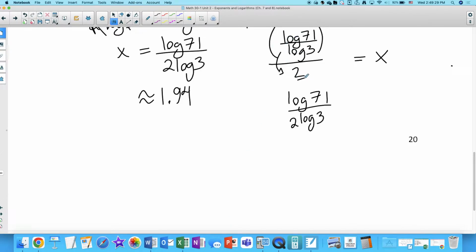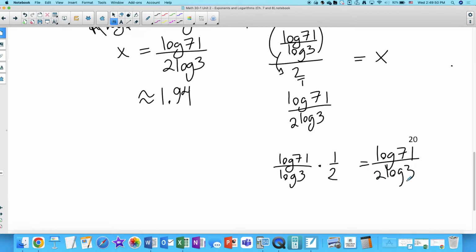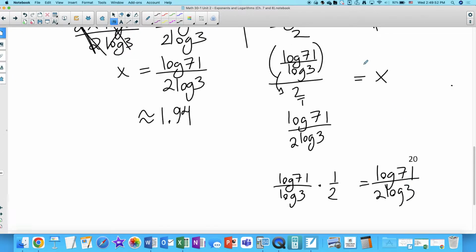So log of 71 over log 3, you would take that and multiply by the reciprocal times 1/2. And that becomes in the numerator log of 71 over 2 log 3. Okay, so that denominator that's in here can just come down. Okay? Okay, questions so far?